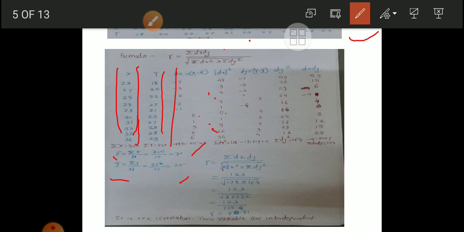In a similar way we have to calculate the other values and write them in this column. Now for dx square, you have to make the square of the dx value, isn't it? The dx values are 3, 2, 2, minus 1, 0, 0, so the squares are 9, 4, 4, 1, 0, 0.